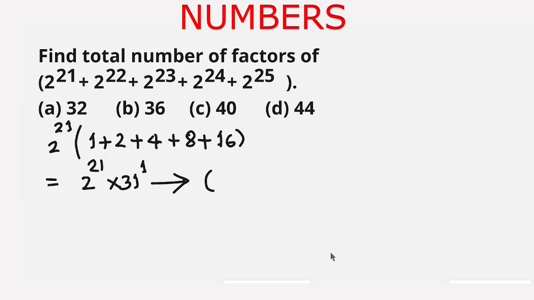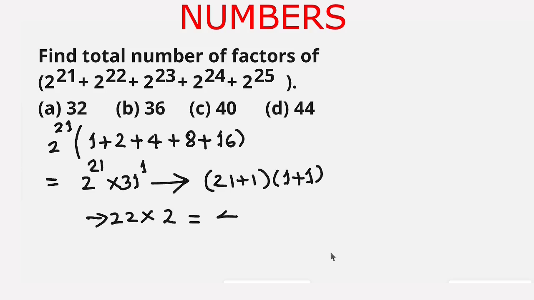So 2 to the power 21 gives 21 plus 1, multiplied by 31, which has the power 1, so 1 plus 1 is 2. So this is equal to 22 multiplied by 2, equal to 44. So there are 44 factors of the given number, and from the given options our answer is option D, 44.